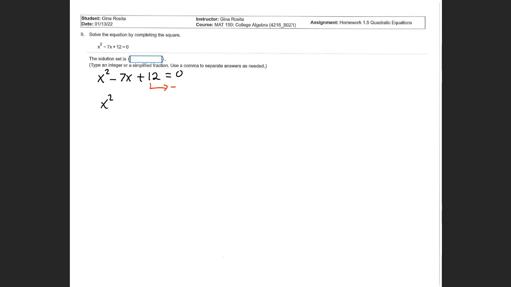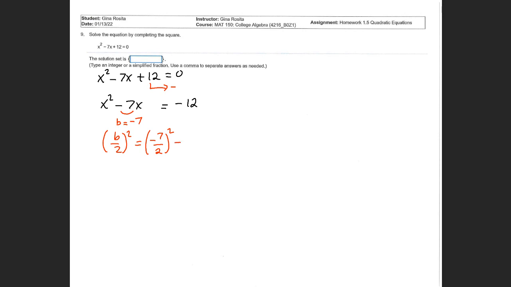So x squared minus 7x equal negative 12. So we have to find b. b is equal to negative 7. So find b over 2 squared. The answer is negative 7 over 2 squared.